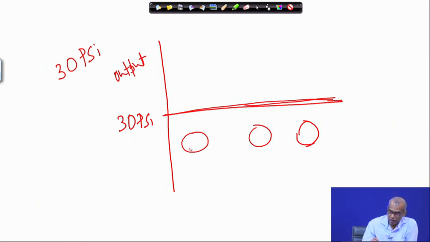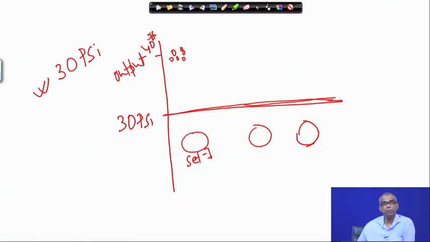I perform the first set of experiments. I take the pressure gauge and measure this 30 psi pressure 6 times. Every time, let us say I get here. So, this may be let us say 40 psi or 50 psi.